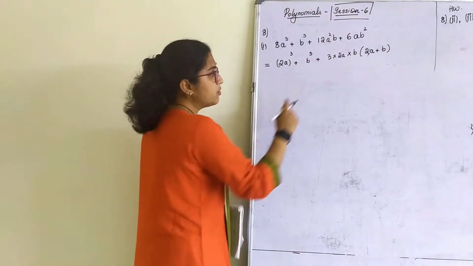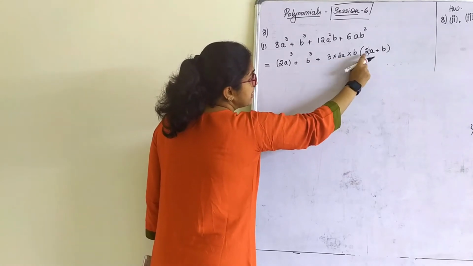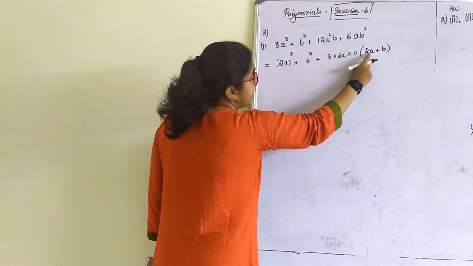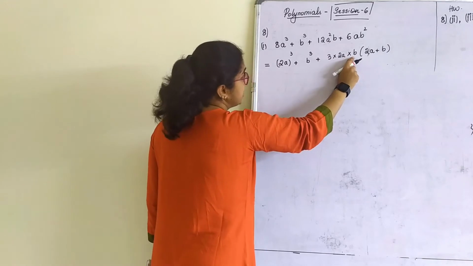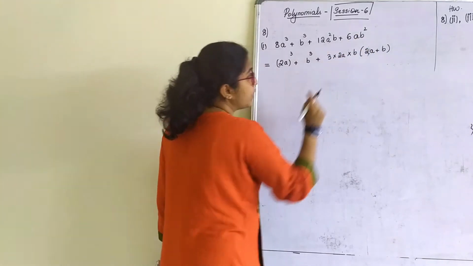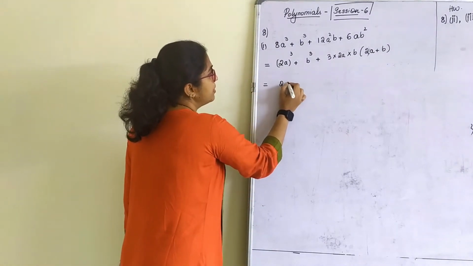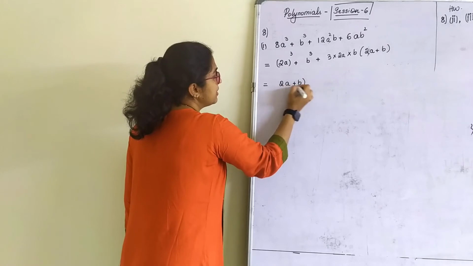Let's check it out. 3 twos are 6, 6 twos are 12, a into a is a square b. And 3 twos are 6, ab square. It is correct. So finally this is of the form 2a plus b whole cube.